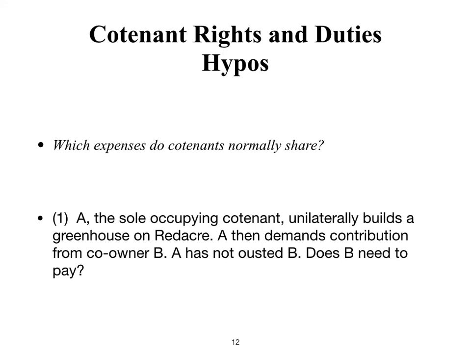A is the sole occupying co-tenant, and they unilaterally, meaning on their own, build a greenhouse on Red Acre. A then demands contribution from the co-owner B. A has not ousted B. Does B need to pay?